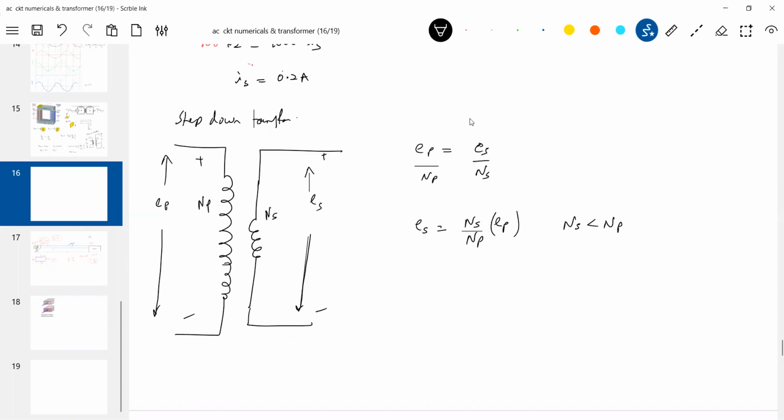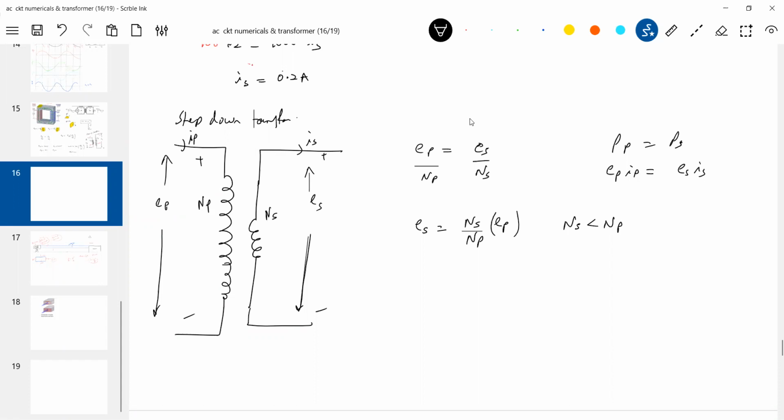Accordingly, adjust the ratio, depending on how much lower voltage you need. The current at the primary is IP and at the secondary is IS. Power at primary should be equal to power at secondary, so EP into IP equals ES into IS.